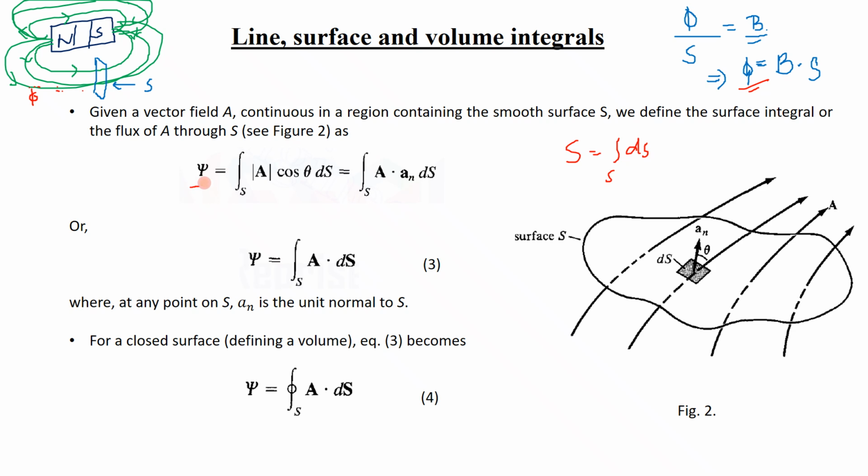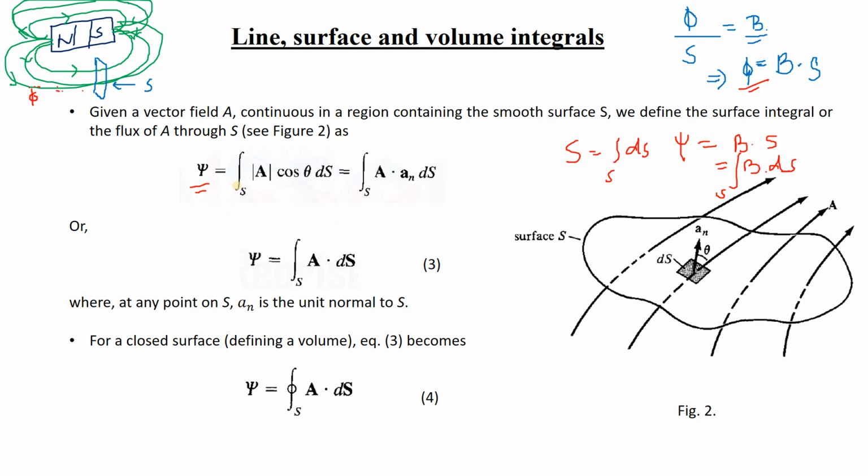Flux is represented by phi, but in many books it is also represented by psi. That is why I am showing you both Greek letters. So psi is B dot S, which is nothing but the integration of B dot ds along S. Again, it is a dot product.